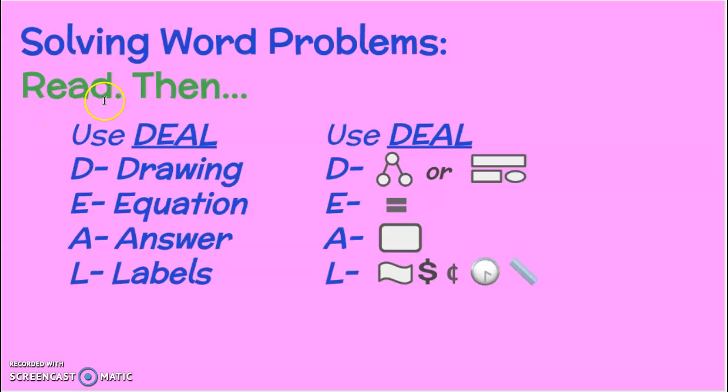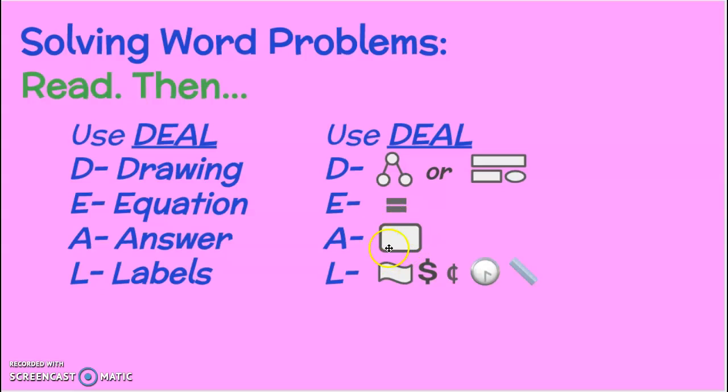Remember to read the problem carefully, reread it as many times as you need to, and think about it. Then when you decide what kind of problem you're solving, you can decide what kind of drawing you need, your math mountain or your comparison bars. Write your equation, showing how you're going to solve that problem and where the unknown position is.